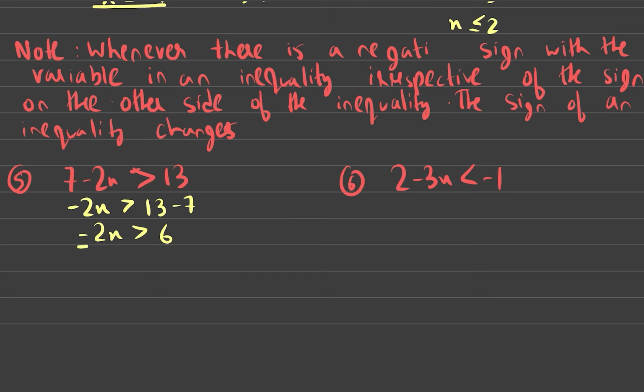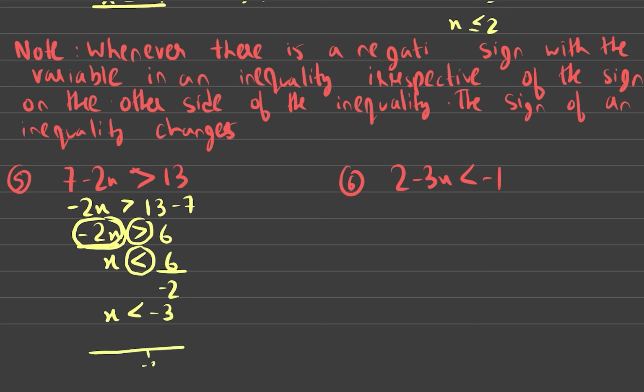Now, whenever there is a negative sign with a variable, when it's divided on the other side, the sign flips. If there is a negative number with x, when it goes to the other side and gets divided, greater will become less or less will become greater. It's going to be less than minus 3, which means this. And you go backward. Do you get this?